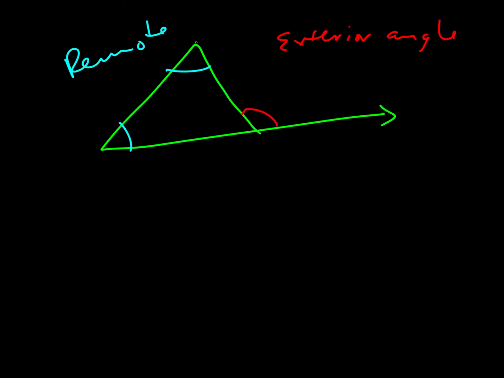And then all of the inside angles, so this one, and this one are called interior angles. Now, we need to prove that the exterior angle is equal to the sum of the remote angles.